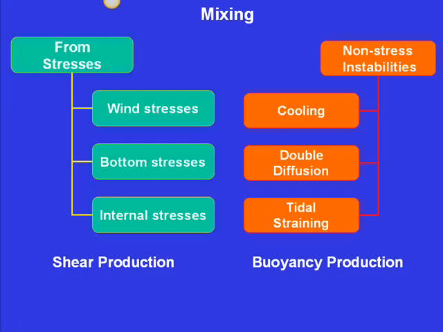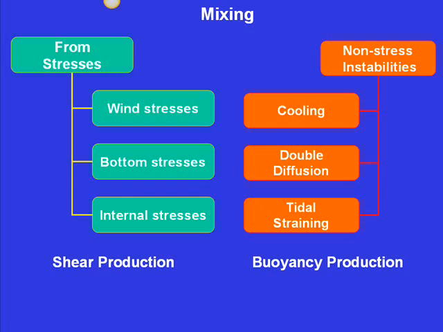How does tidal straining cause mixing? Because tidal straining, we said, can cause stratification, right? So tidal straining can cause both stratification and mixing. Remember what tidal straining is? No? No idea?